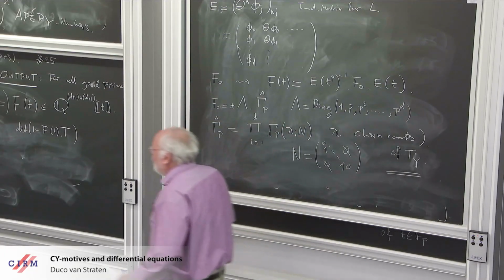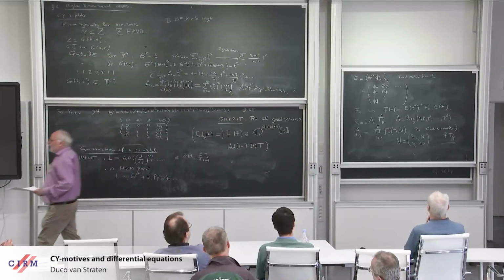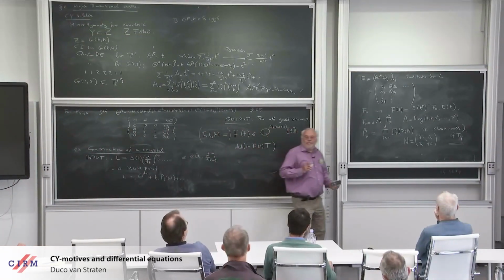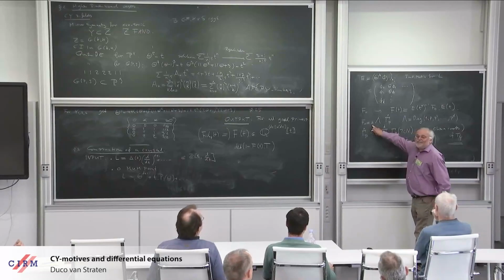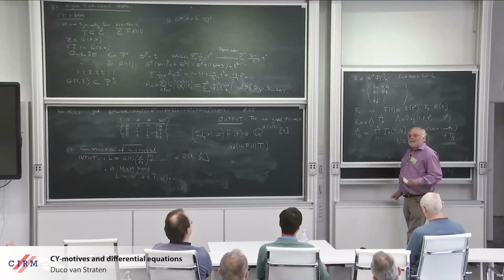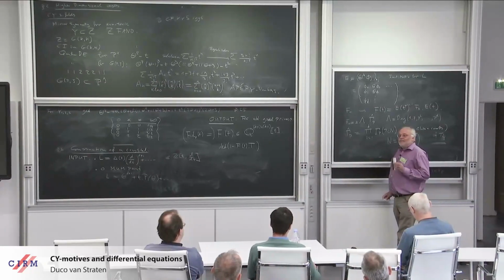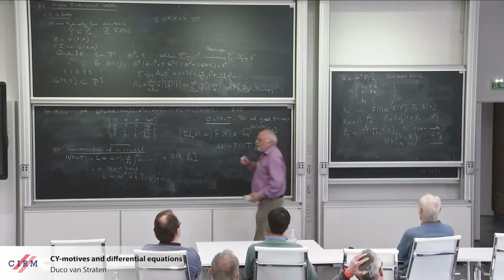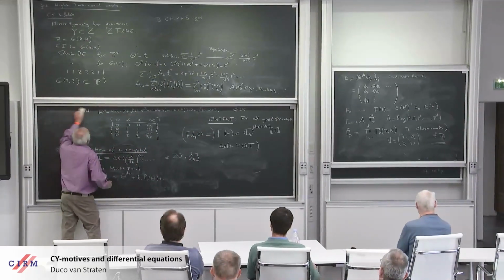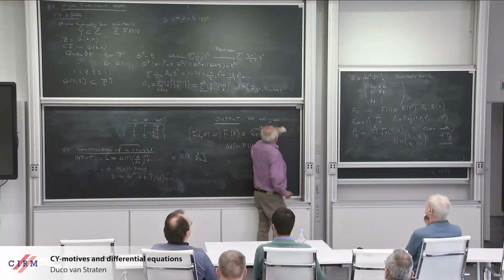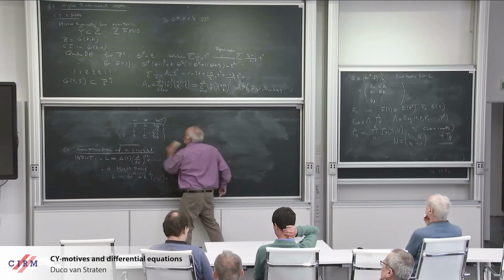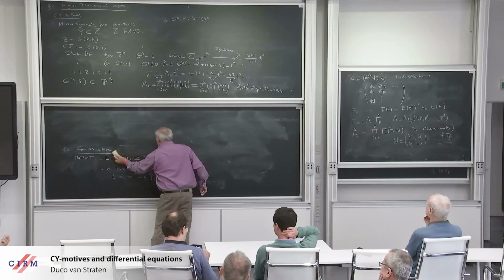Otherwise, well, yeah, but almost. I put almost, and then another almost is this sign. You may remember that in the example with the Legendre differential equation, there was the sign minus 1 to the power p minus 1 over 2. This is a sign ambiguity you can never get rid of.